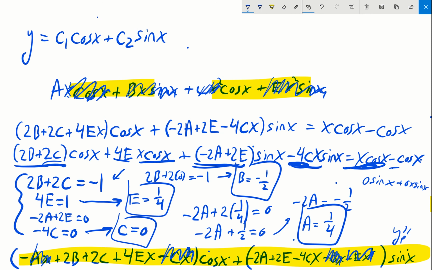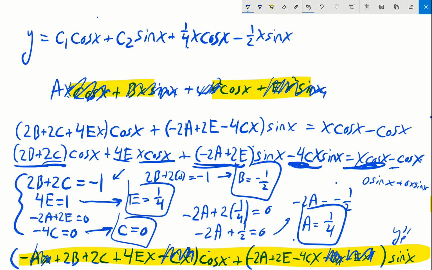So that's going to be 1/4, so it's going to be plus 1/4 x cosine x. And then we had our b, which was our x sine x term. B was negative 1/2. So that's going to be minus 1/2 x sine x.